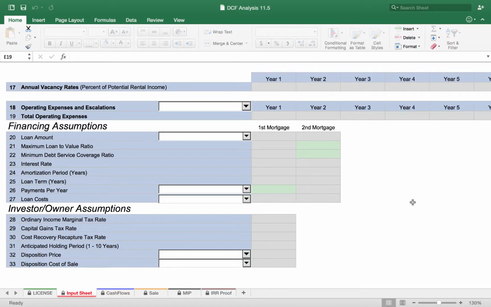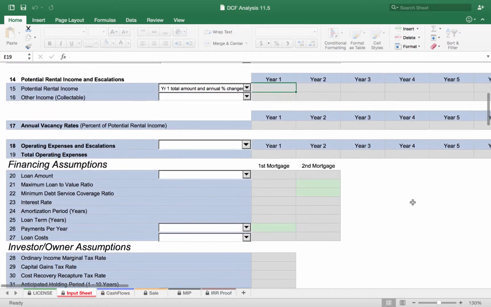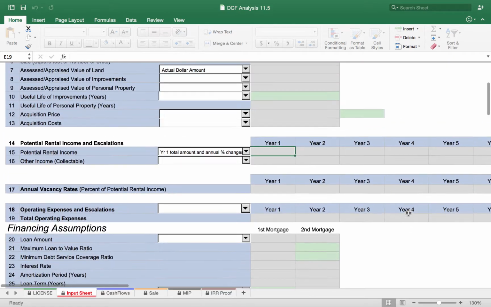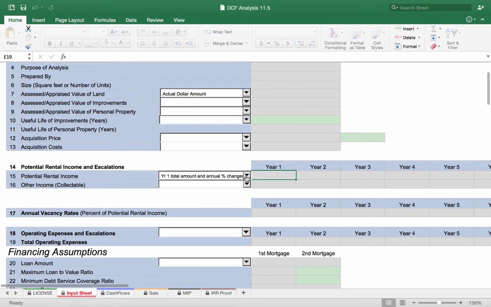Fifth tip is this is native Excel. So I'm going to scroll back up here to potential rental income and show you an example using this particular line item. I'm going to choose total amount per year. And let's suppose I'm looking at a 25 unit apartment complex. It gets $1,000 per unit per month. Now I could figure that out on a side calculator or a scratch pad and enter in that total potential rental income.